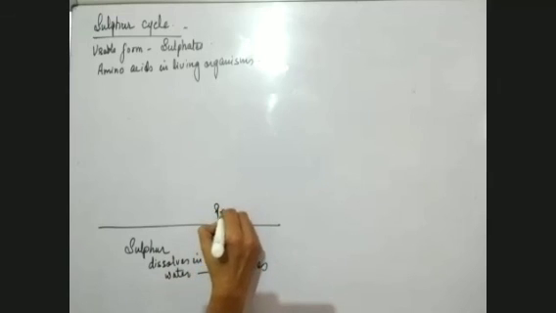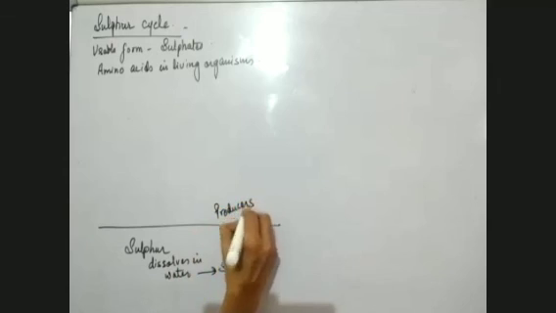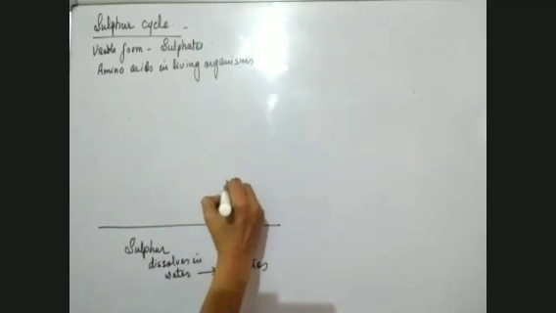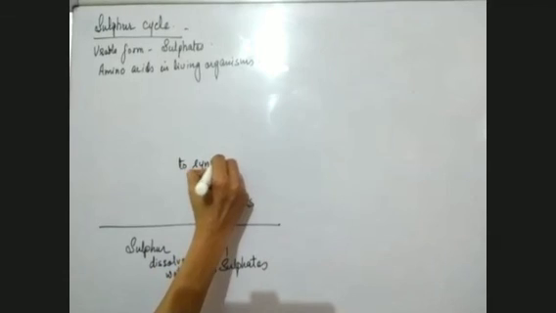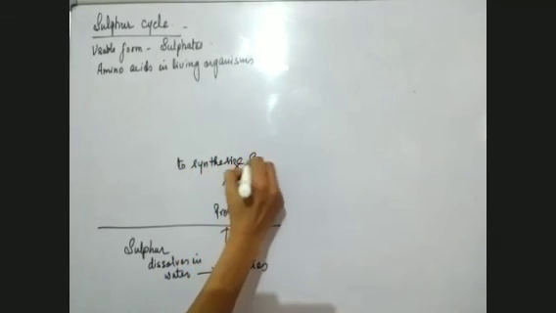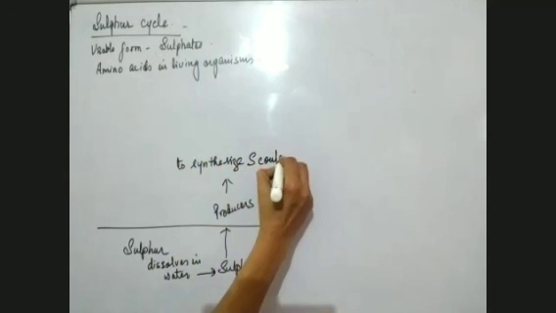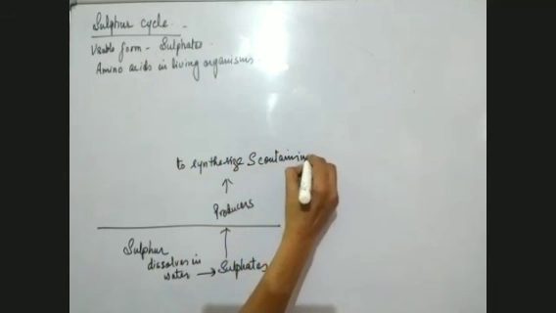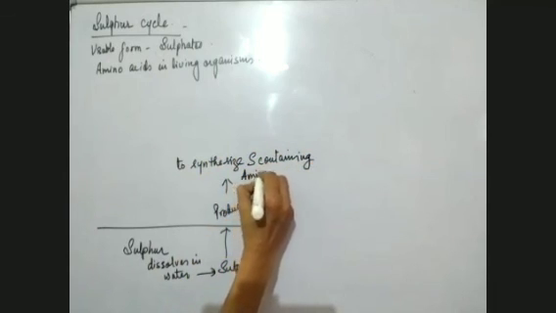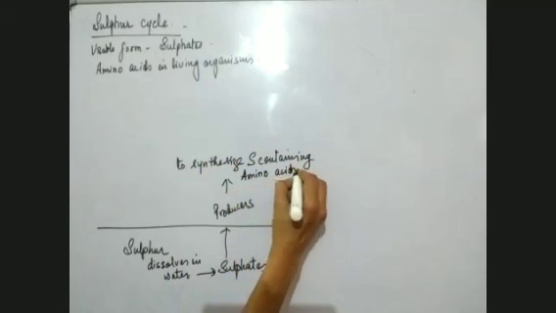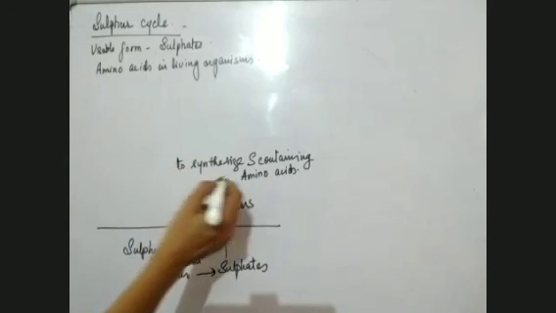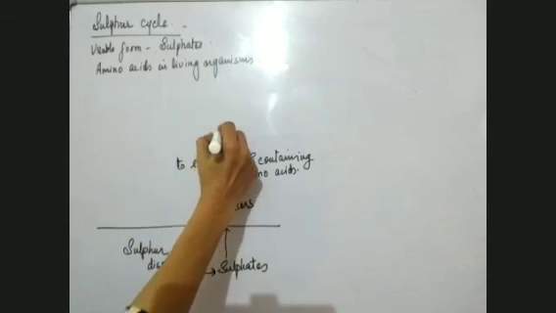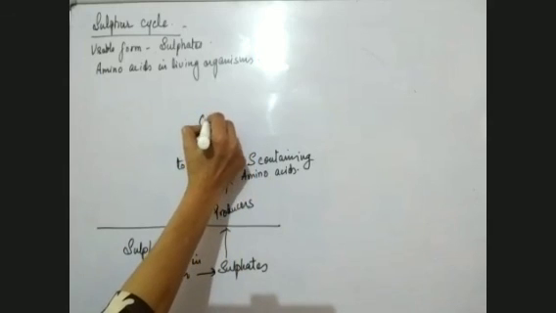The producers use this to synthesize sulfur containing amino acids. When they synthesize these amino acids, these are taken up by the consumers.